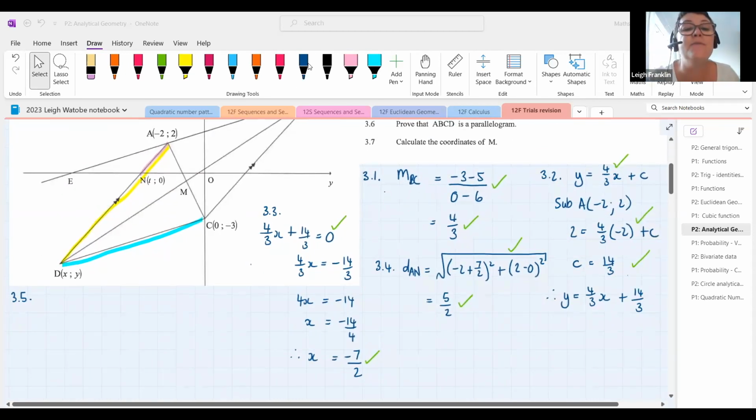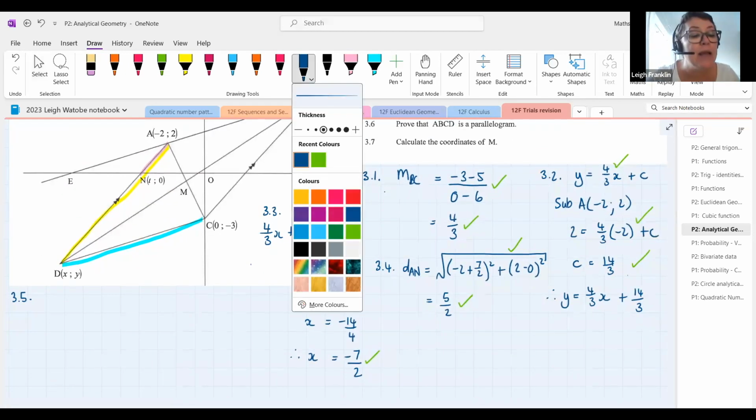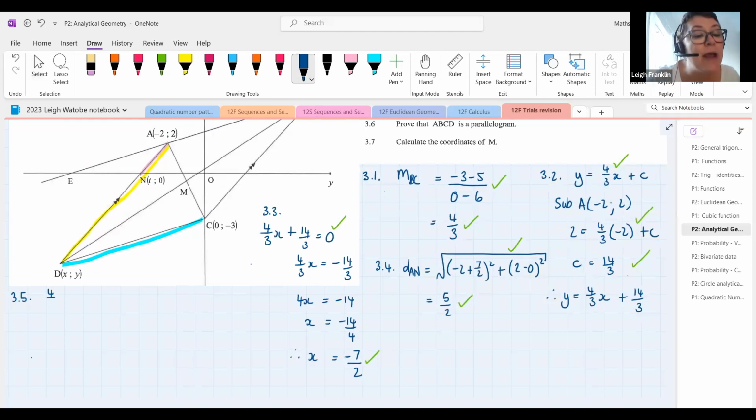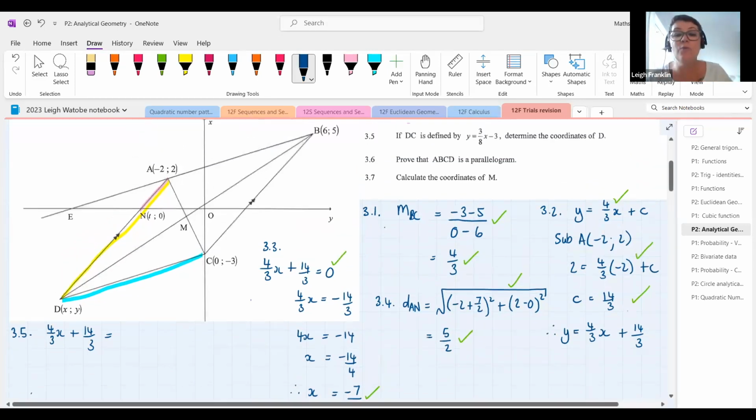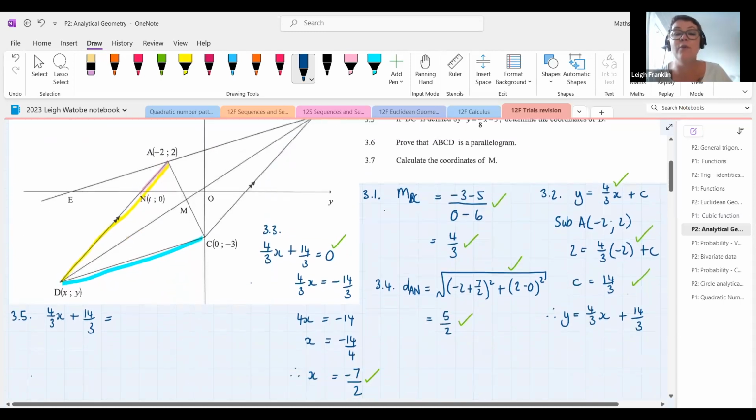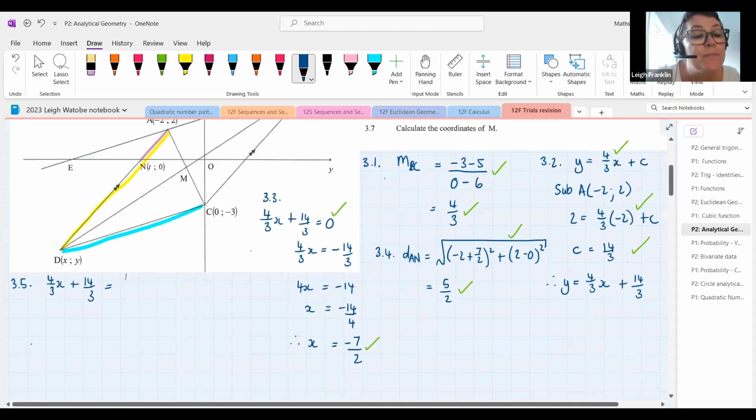Okay, so what we're going to have to do in this case is take our equation for AD, which was 4 over 3x plus 14 over 3, and we would need to make that equal to what they gave us, which was 3 over 8x minus 3.